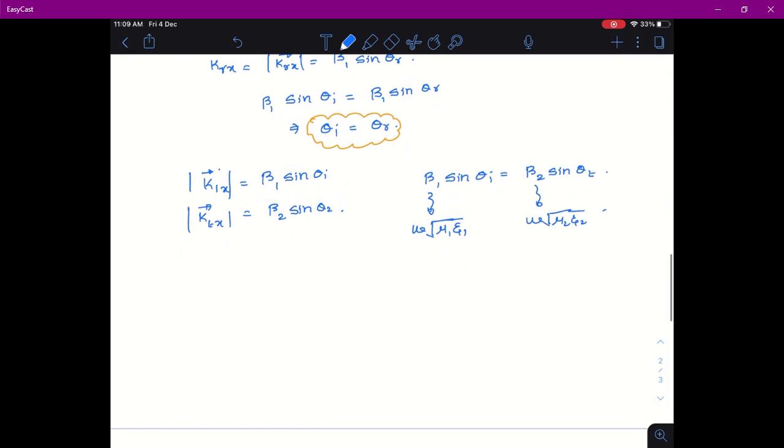Okay. So if I take the ratio of sin theta t by sin theta i, this is equal to beta 1 by beta 2, and this is equal to root over mu 1 epsilon 1 by root over mu 2 epsilon 2.